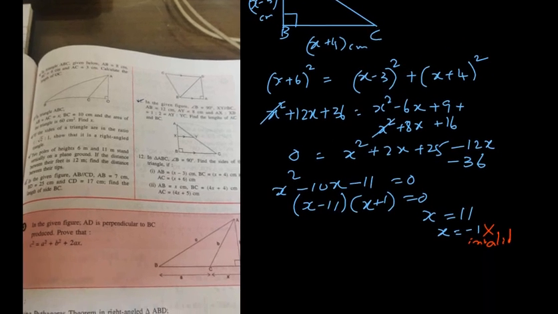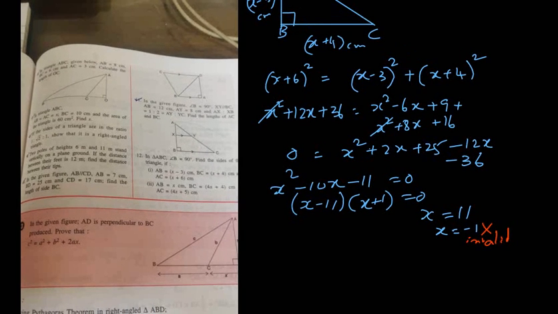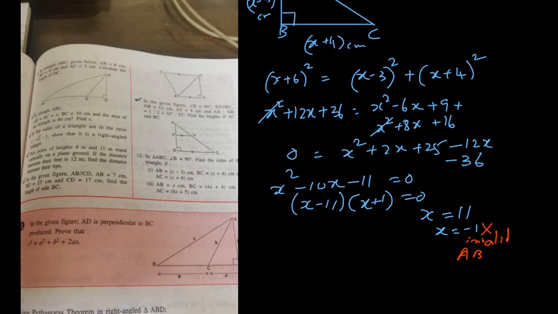So x equal to minus 1 is invalid. Why is it invalid? The negative value: AB becomes negative. That's why it's invalid. So now we pick x equal to 11.